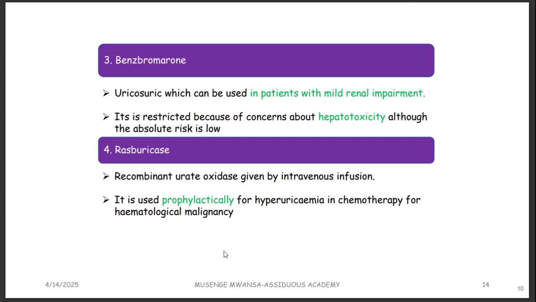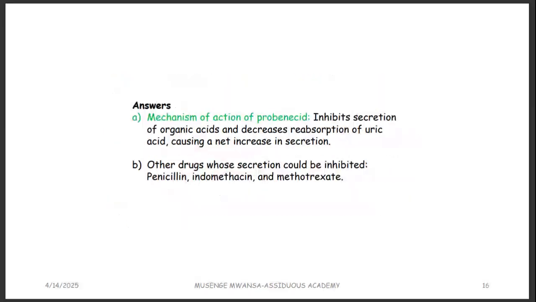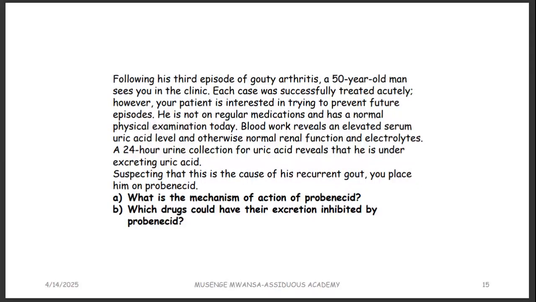The meaning of that is you are giving it to stop hyperuricemia from happening. Prophylaxis is stopping something from happening before it happens. So that is basically it about drugs that we use in the management of gout.